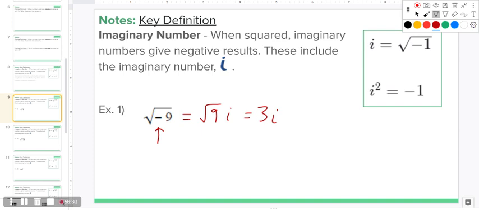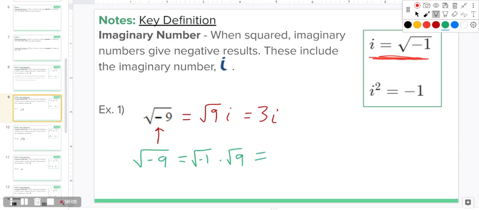No need to write this green part on your note sheet, but if we want to prove why this works, we get the square root of negative 9. We can break that into the square root of negative 1 times the square root of 9. And if you look at the definition of i up here, i equals the square root of negative 1.